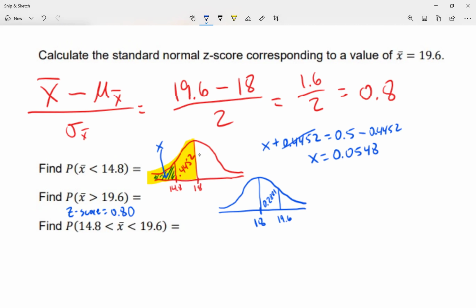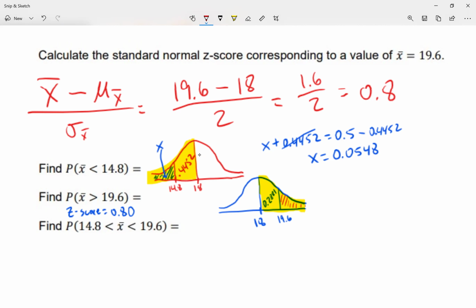Okay, so I've got to understand what my question says. It says, what's the probability that x bar is more than 19.6? So basically, I'm asking for this right here. Let me highlight part of my graph. Since I'm starting from the mean, this is only half of my graph. The area under the whole graph is 1, so the area under half of the graph will be 0.5.